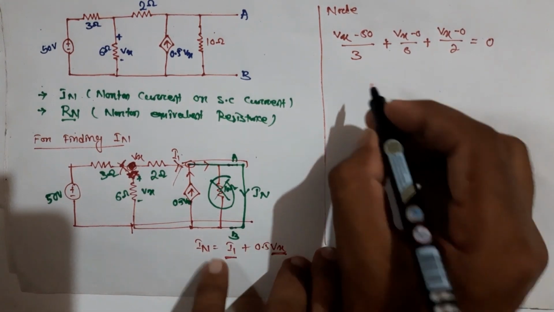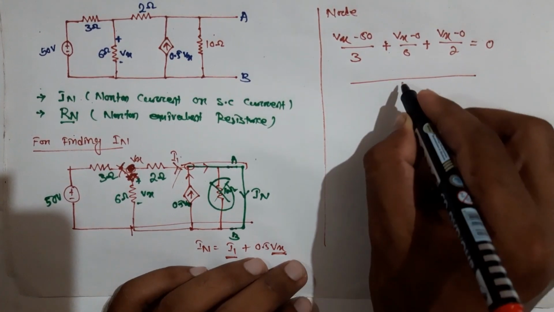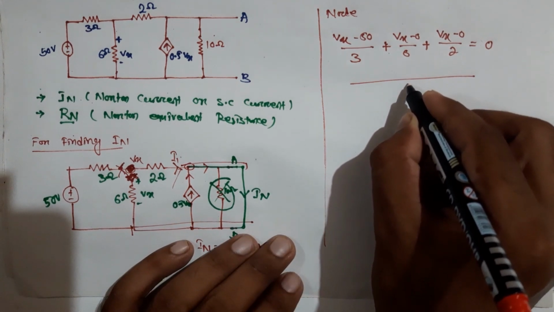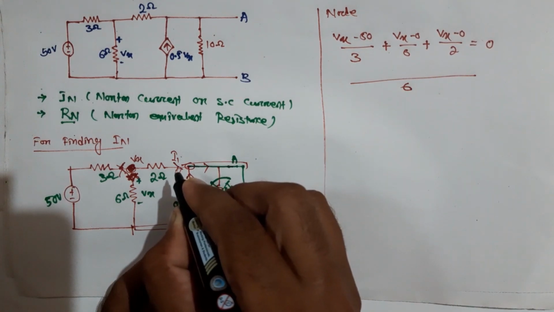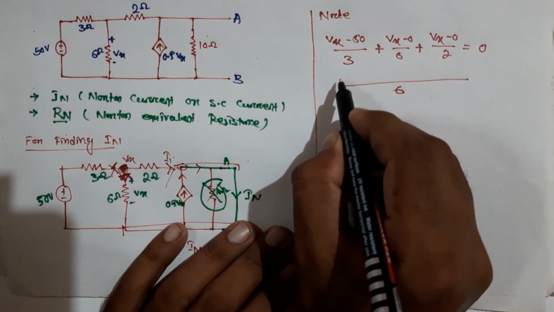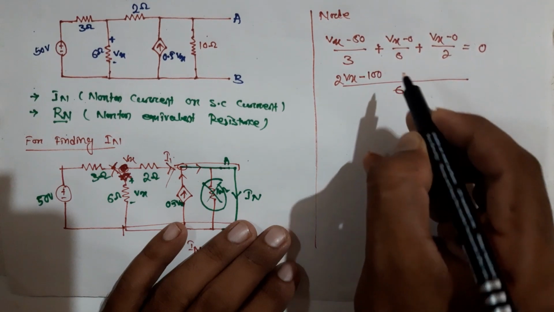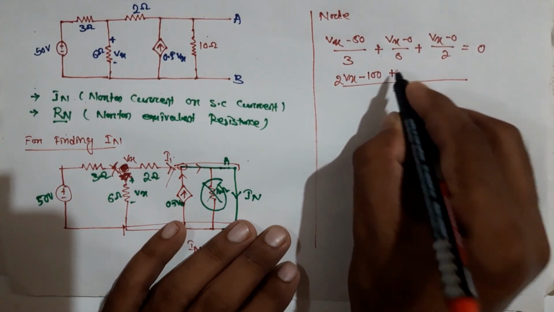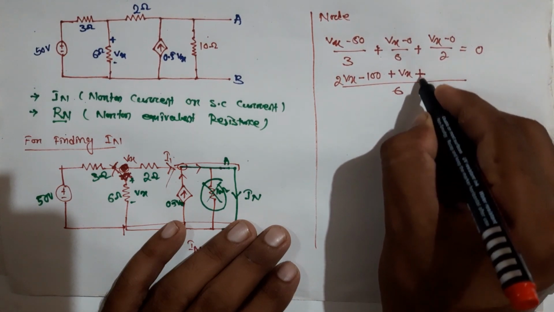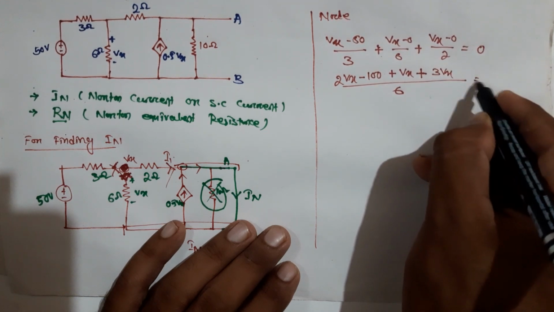Let us take the LCM, which is 6. So it is 2 times (Vx minus 100), plus Vx, plus 3 Vx is equal to 0.